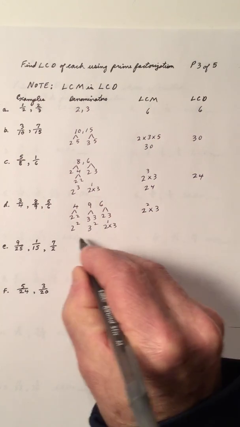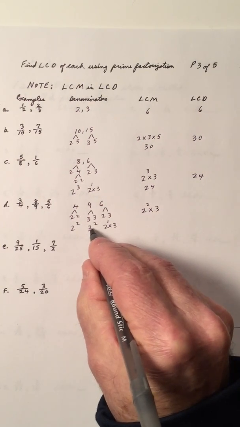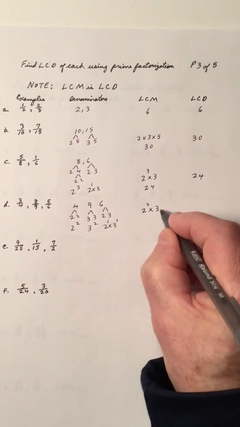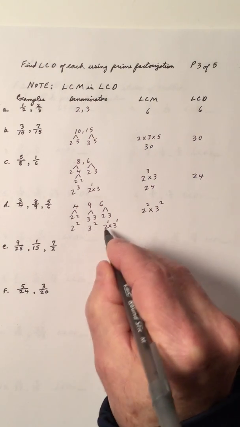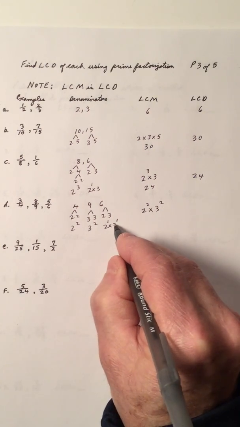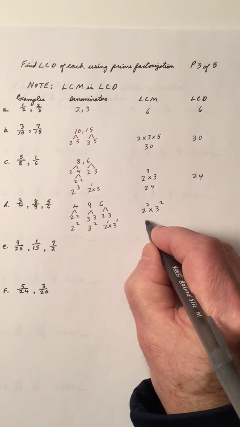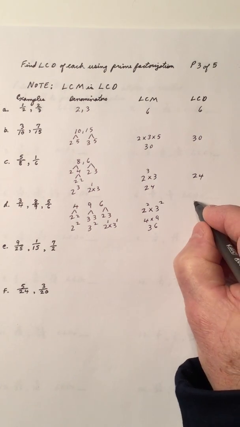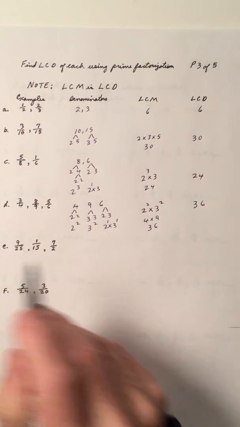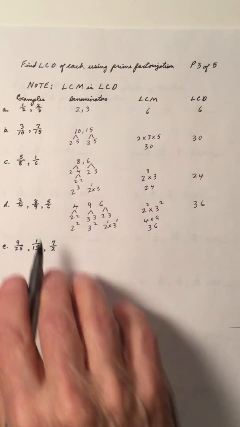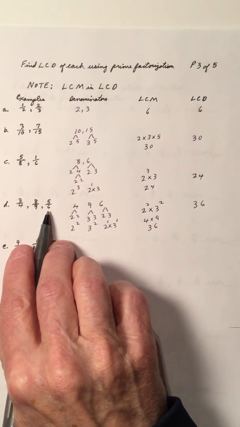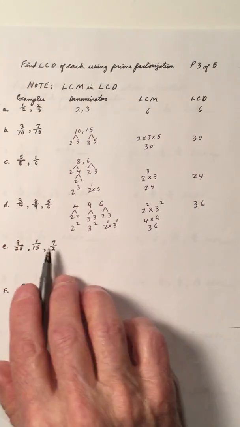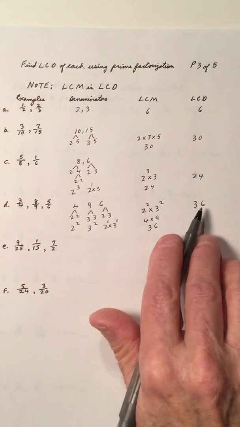The largest exponent of 3 is a 2. Remember, 3 to the 1, understood. 4 times 9 is 36. So the least common denominator is the same as your least common multiple when you work them out. 36 is the smallest number that each of these will divide into. Remember, these denominators are factors of this now.